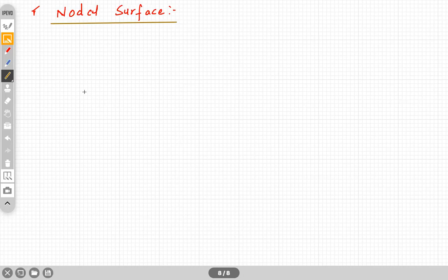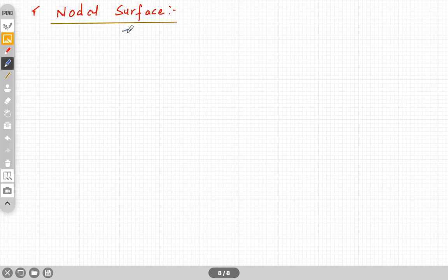That is the probability density function, or wave function psi, we can say. So what happens here? For different orbitals, this nodal surface has two types. Basically you have two formulas with which you can easily find the nodal surface.